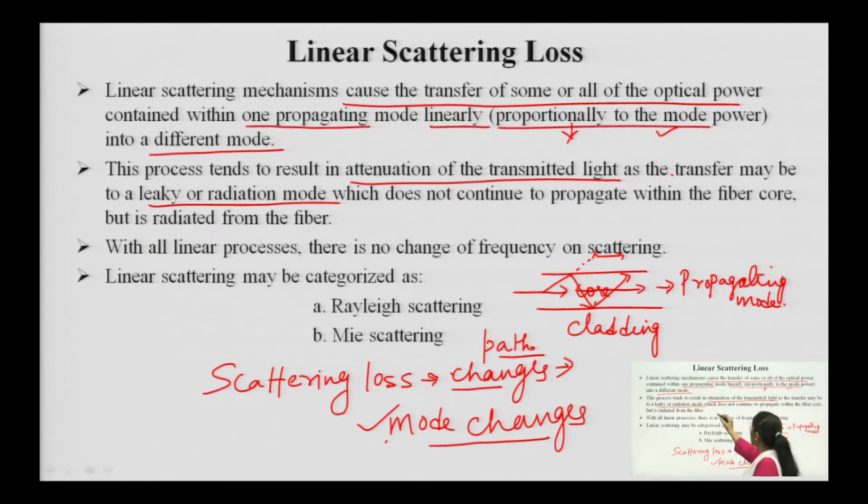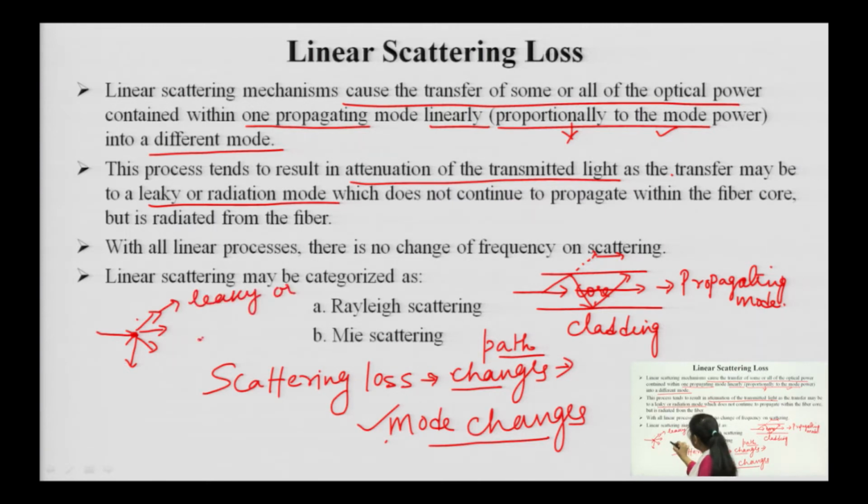So the ray which is coming is first in propagating mode, but when it gets scattered, some of the signal may come under the leaky or radiation mode, because it is possible that it goes into the cladding region.